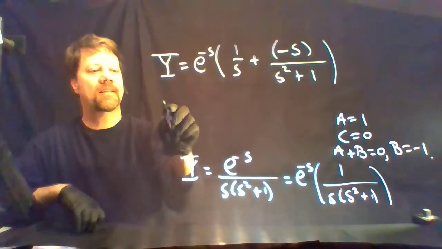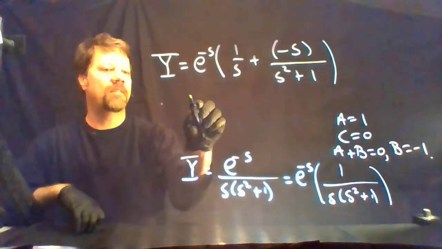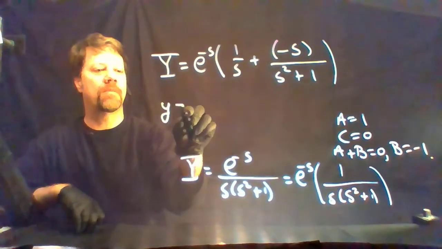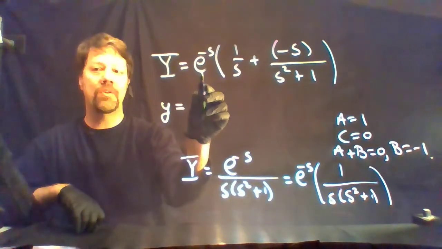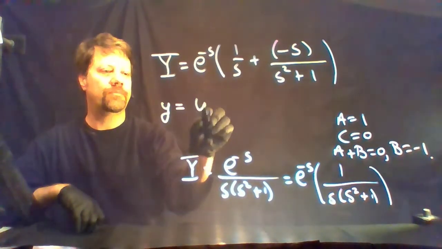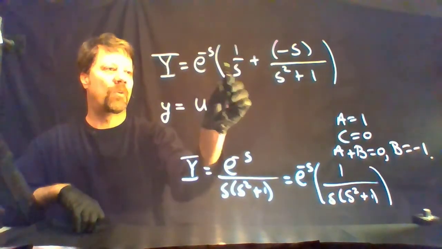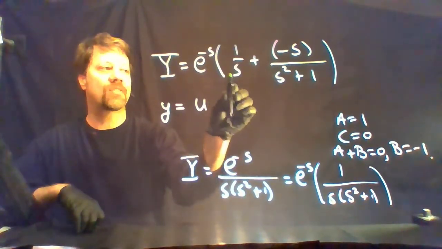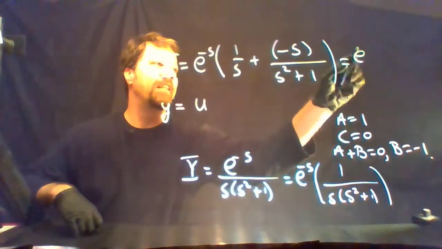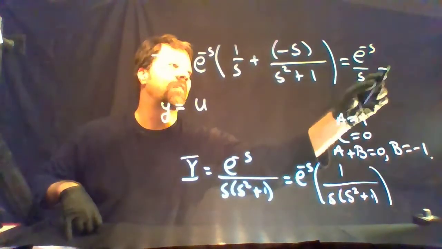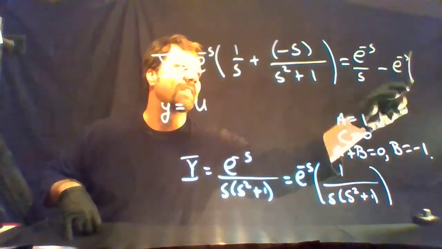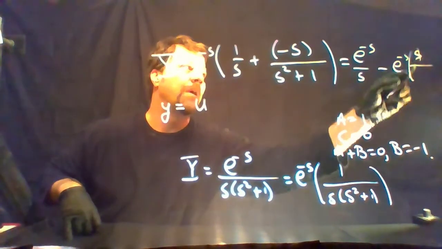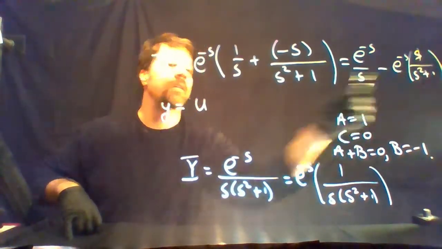We can see then that if we take the inverse Laplace transform of each side, we'll have a unit step function multiplied by this 1 over s. We have e to the minus s over s minus e to the minus s times s divided by s squared plus 1.